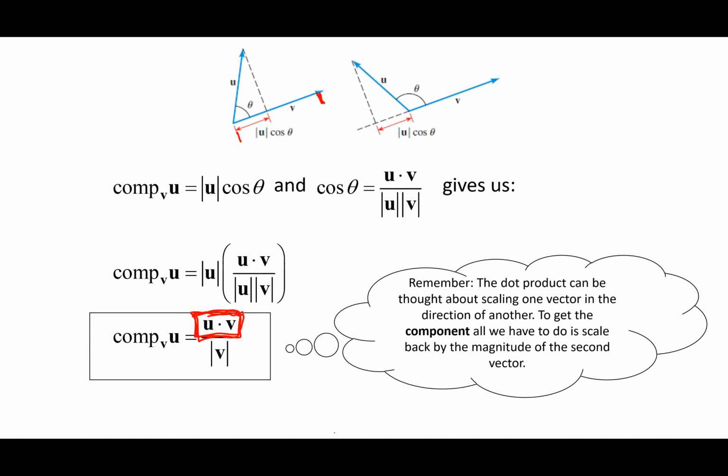So when you do u dot v, you're getting this super duper length. Why? Because it's the component of u that's been elongated or stretched by the magnitude of v. So if I want to go back to the original component of u, I have to unscale it by the magnitude of v. That's why the magnitude of v is in the denominator.